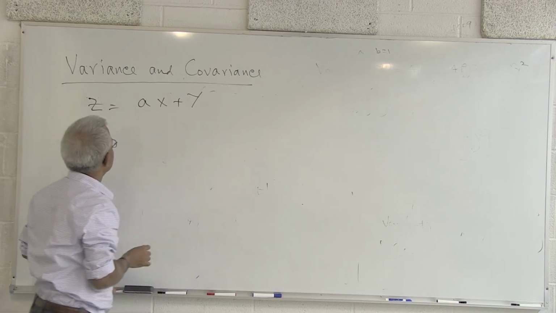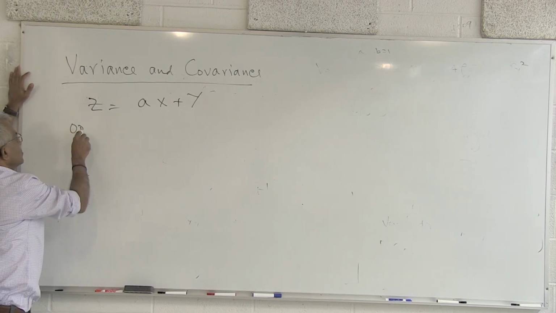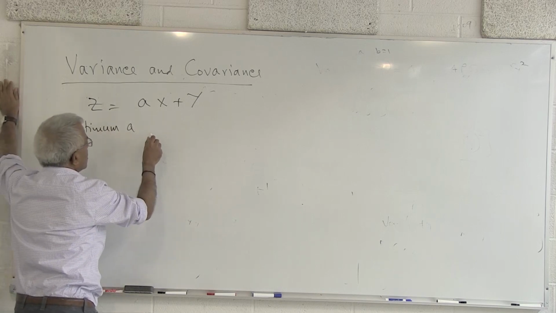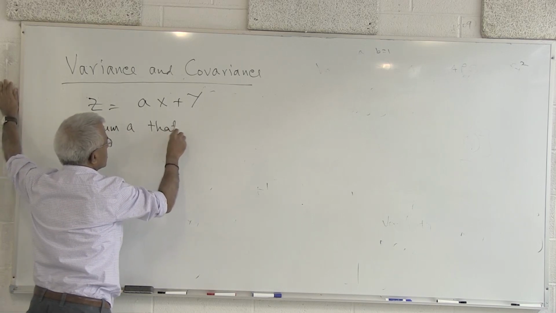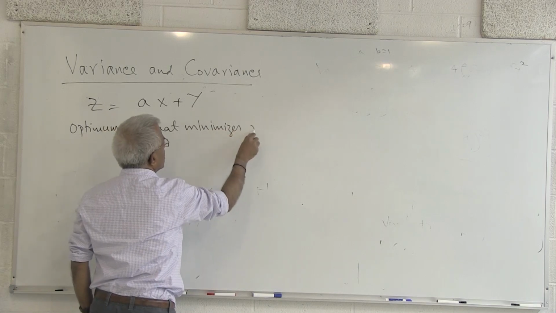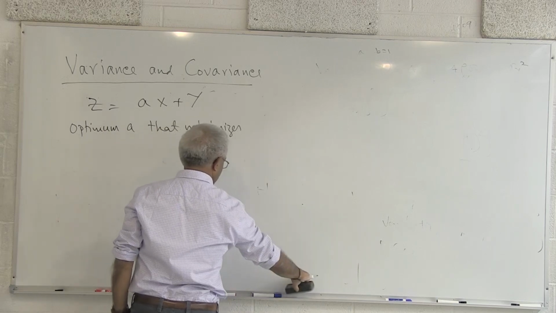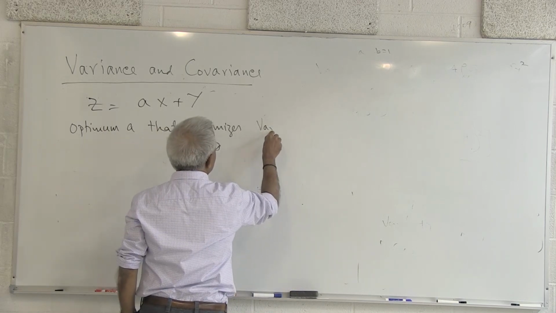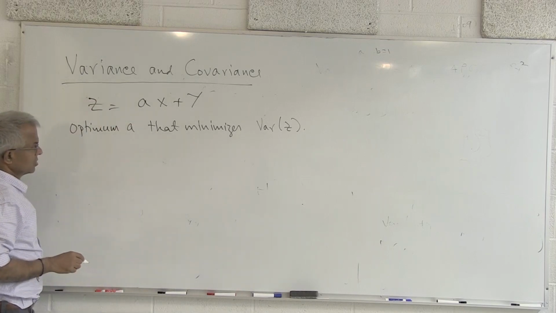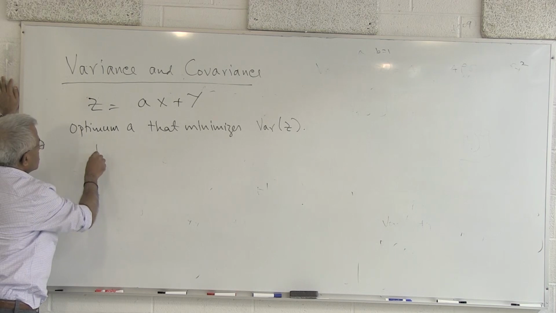So the question is, what is the value of a? Find the optimum a that minimizes sigma z squared, the variance of z. In other words, variance being a measure of the randomness, we want to select a constant which will minimize the variance.